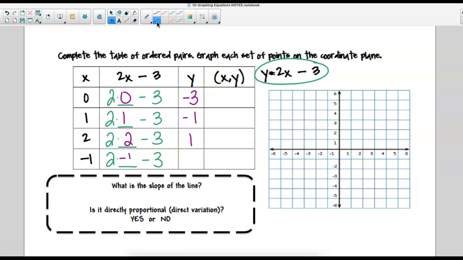And 2 times negative 1 minus 3. Negative 5, right? Because this is negative 2 minus 3, that's negative 5. Now we write our ordered pairs. The first one is 0, negative 3, 1, negative 1, 2, 1, and negative 1, negative 5.